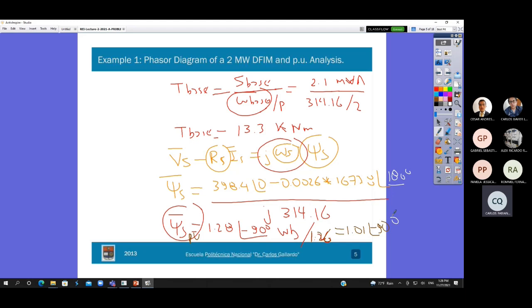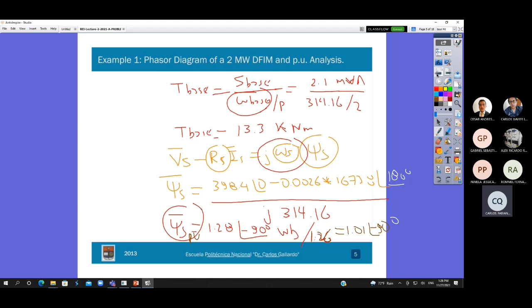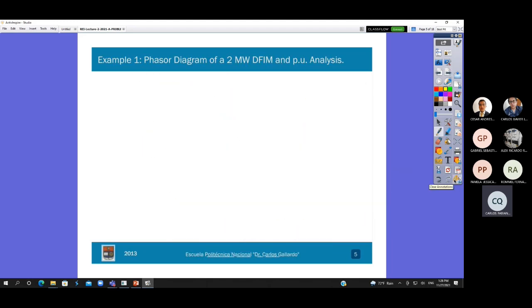What is my second step? According to our methodology, my second step is to compute the rotor current. So let's continue and compute the rotor current. We have already derived the equation.